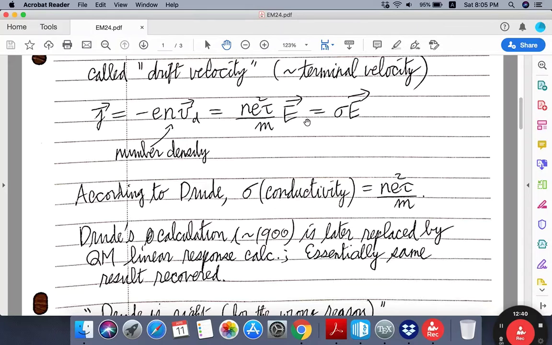And therefore, you have established a linear relationship between the electric field and the current density with the proportionality constant given by this particular combination of numbers. And that's called the electrical conductivity, or just conductivity for short.